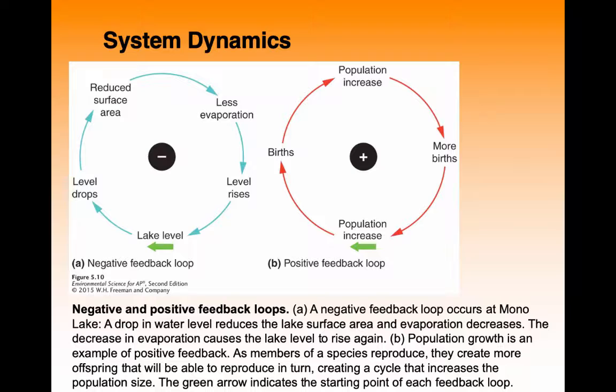So the reduction of the polar ice caps causes an event, the heating of the atmosphere, which then causes the original scenario, the melting of the polar ice caps, to increase even further. That's a positive feedback loop.